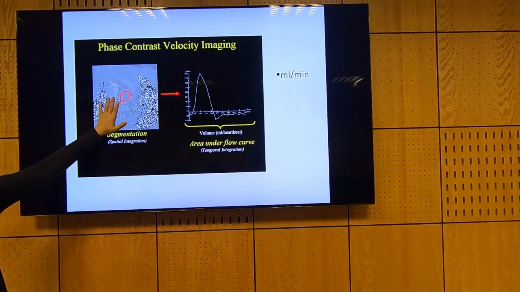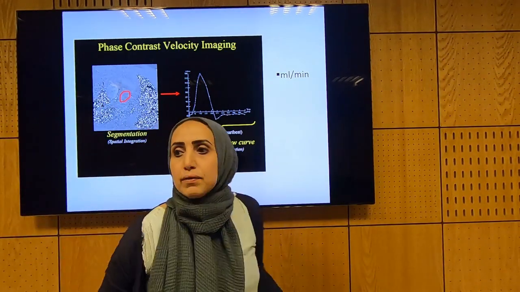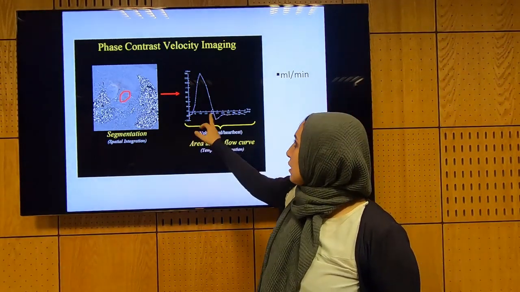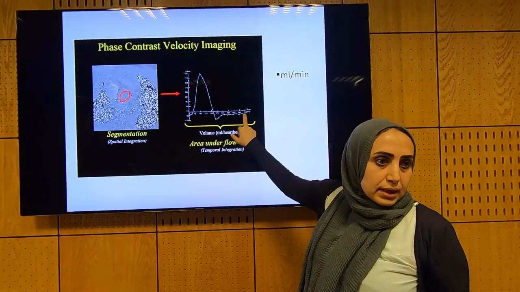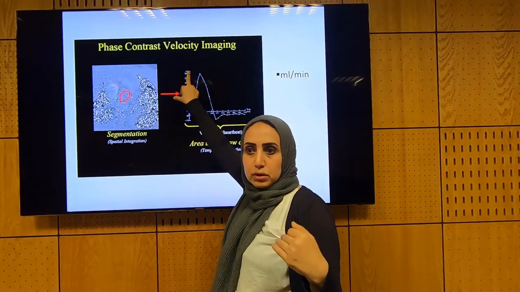We trace this vessel over the whole cardiac cycle in systole and diastole, and the post-processing or the machine gives us this curve. This curve is the cardiac cycle, so we have systole and diastole, and here we have milliliters per second.